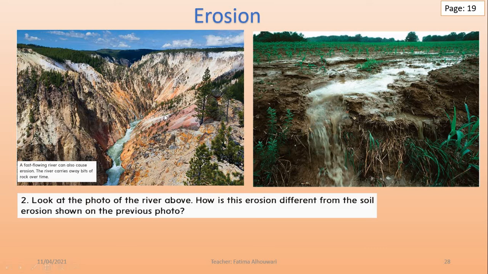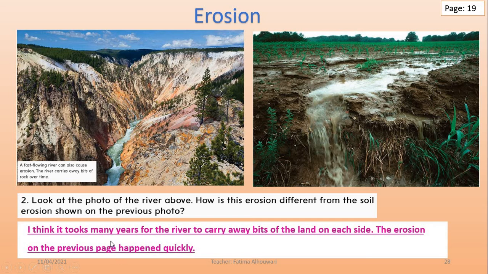Look at this photo again and think, how is this erosion different from the soil erosion shown here? Yes, it took many years for the river to carry away bits of the land on each side, this side and this side. The erosion on this photo happened quickly.